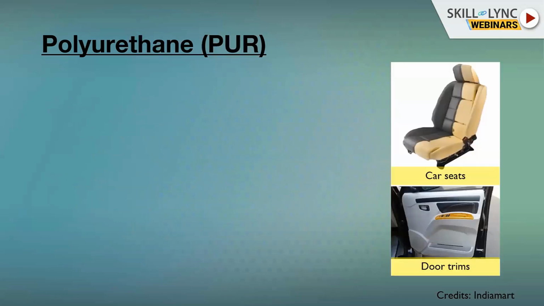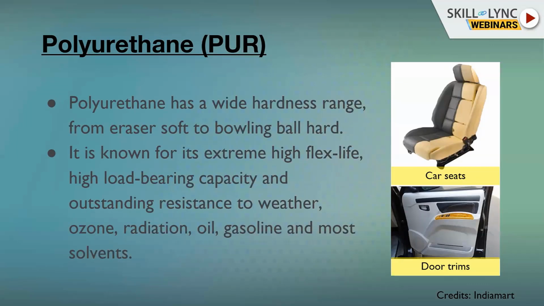Next is polyurethane, which is commonly known as PUR. On the right side, you can see it has been used for car seats, door trims, cushions, and hard plastics as well. Why so? Let's find out. Polyurethane has a wide hardness range, which means we can make a PUR which is as soft as an eraser to as hard as a bowling ball.